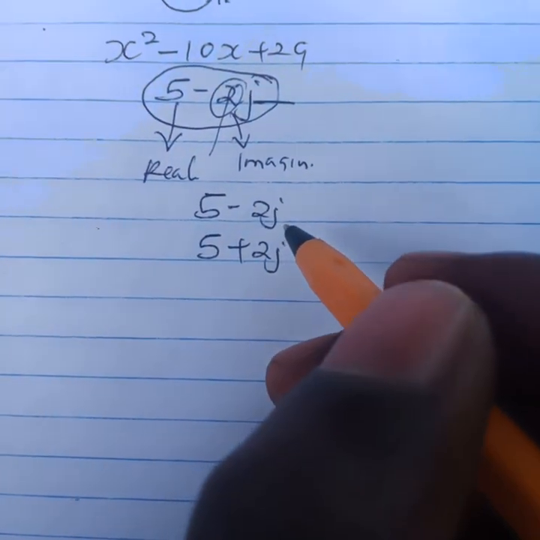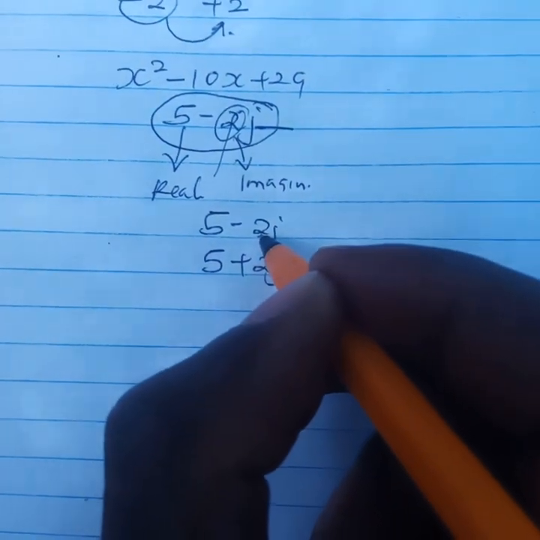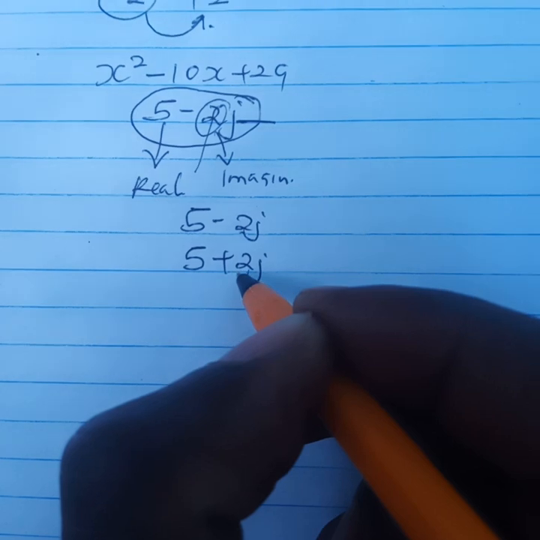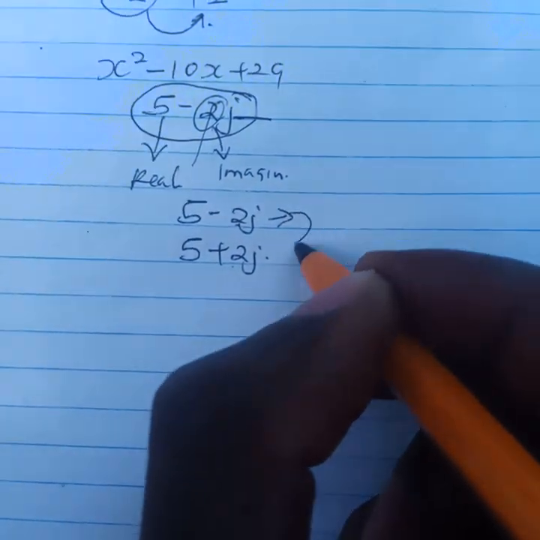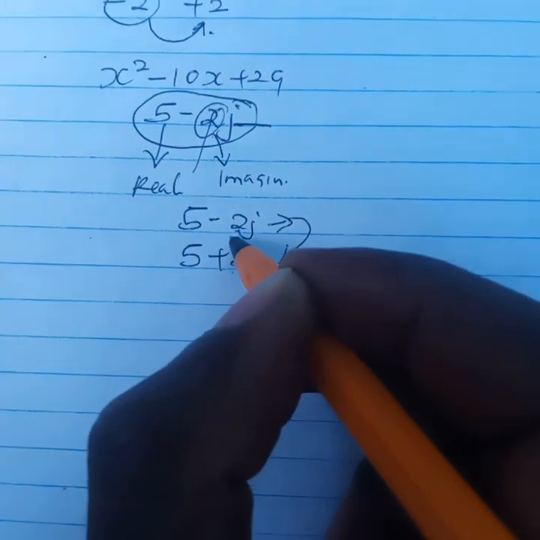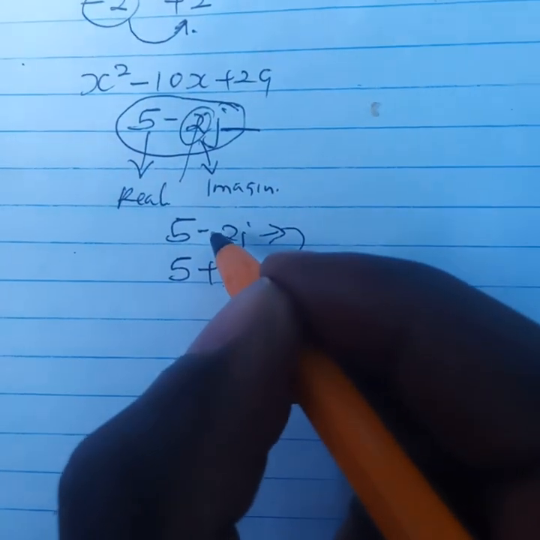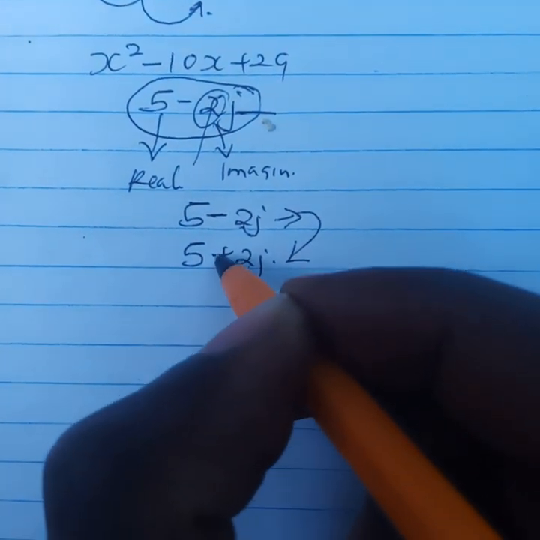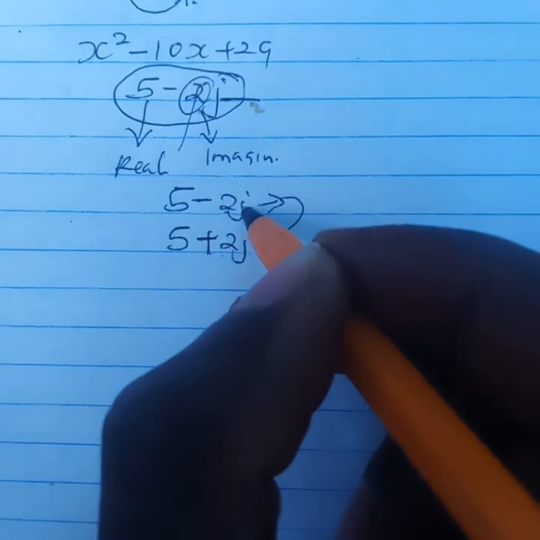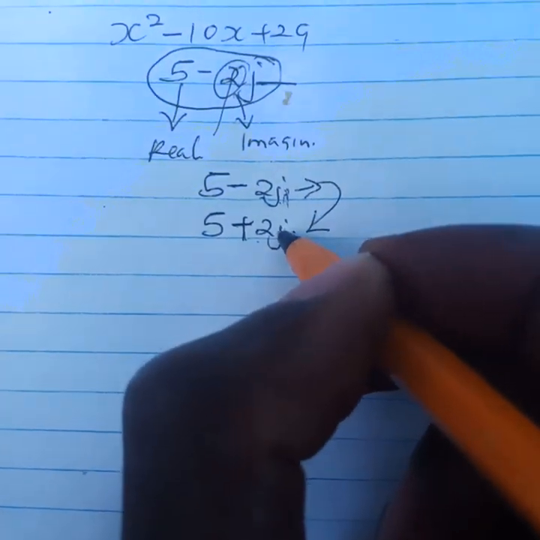The number 5 minus 2j is said to be the complex conjugate of 5 plus 2j. So this one is a conjugate of this one. And we realize that the only thing that has changed here is a sign. Here we have a negative sign and here we have a positive sign.